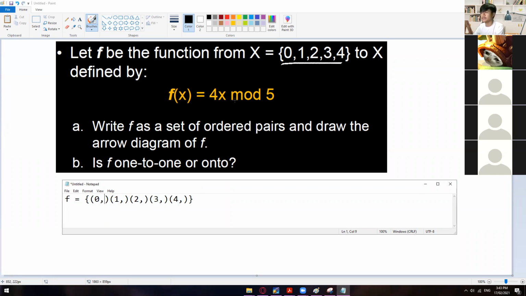So the question here is, what are our y's? If we have a value of 0 for our x, just substitute that 0 into this x. So 4 times 0 is 0. And then 0 mod 5 is what, guys? 0, sir.